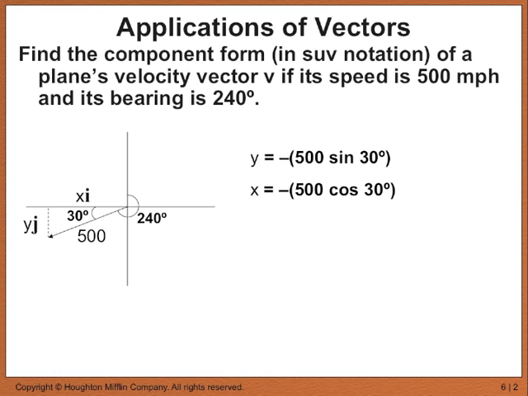If cosine of 30 degrees is adjacent over hypotenuse, that is x over 500, then x must be 500 times cosine 30 degrees. And that's why we have these two expressions for x and y. The final answer is vector v equals negative 433.01 i minus 250 j.